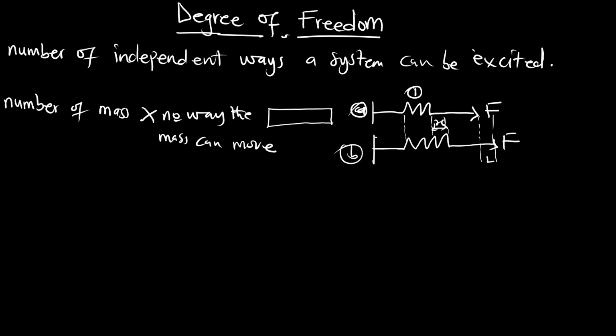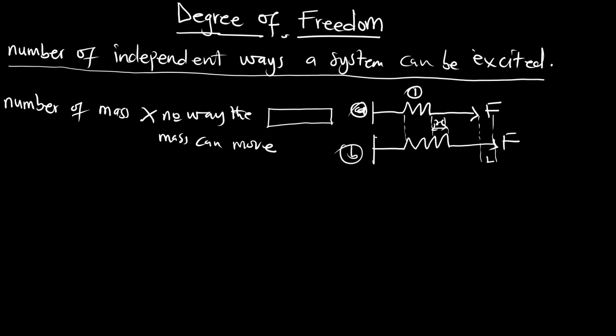So when we know the number of ways that we can excite or disturb the system, we also learn about how to disturb or excite systems in vibrating bodies or in bodies that have mass and elasticity. All right, but simply to understand the degree of freedom, I always prefer the number of ways a system can be excited, and we will also understand that.